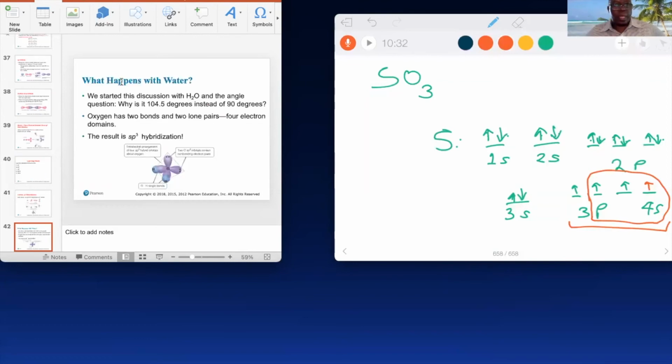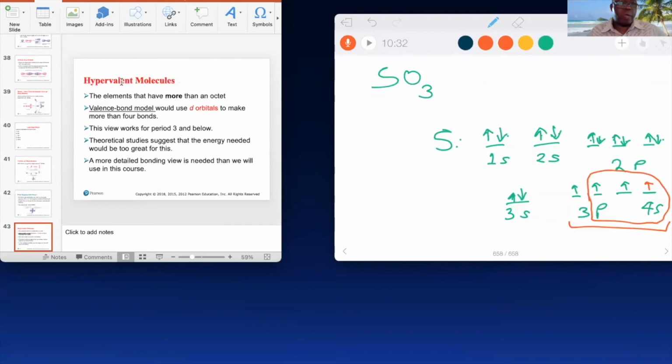When you go to something else, let's say sp3d2, it depends on what orbitals you are using. Hypervalent means more than one. Hybridization is done on the central atom, and we are limited in this case to only elements on row 2 and above.